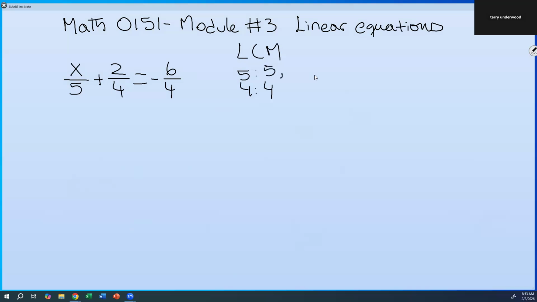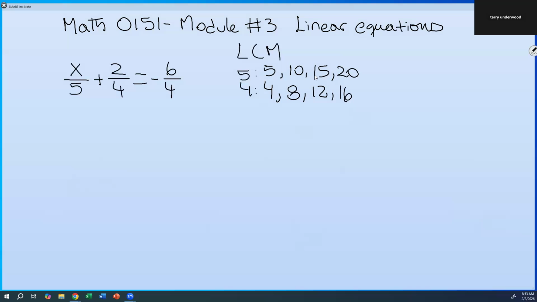By 2, 5 times 2 is 10, and 4 times 2 is 8. By 3, 5 times 3 is 15, and 4 times 3 is 12. And then you multiply both by 4. 5 times 4 is 20, and 4 times 4 is 16.